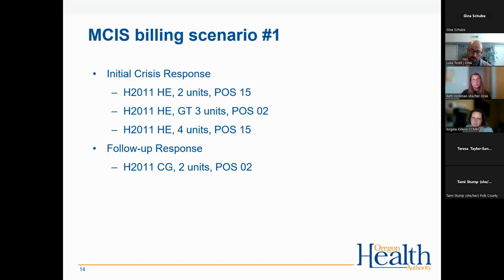But as Angela explained a little bit, in our scenario, the QMHP would be documenting in their own encounter, and the two that are on the ground, the QMHA would be the documenter for that particular situation.